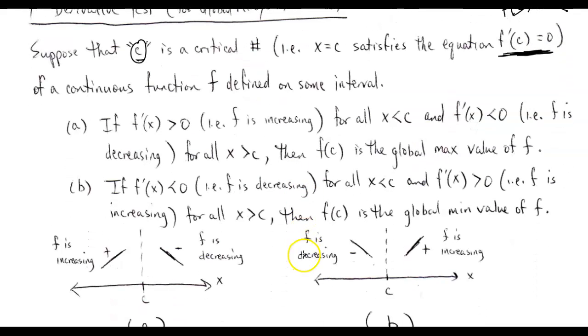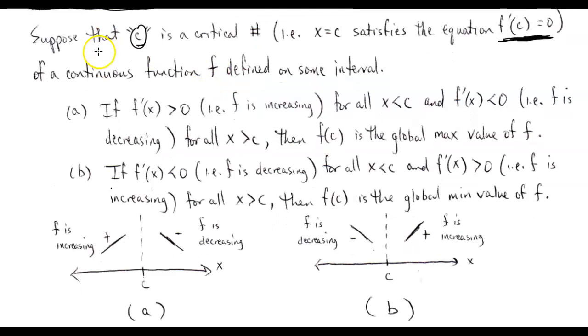And so I'll bring down this visual just to make my point. So here, if this is x equals c, we pick a test value that is smaller than c, pick one that is larger than c, and we plug these test values, I'll call them c1 and c2, into our first derivative.